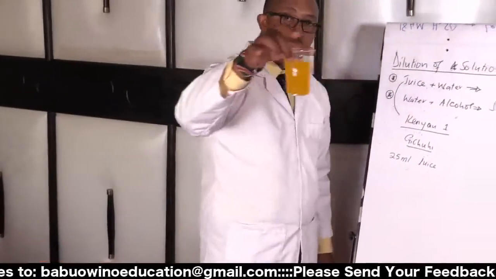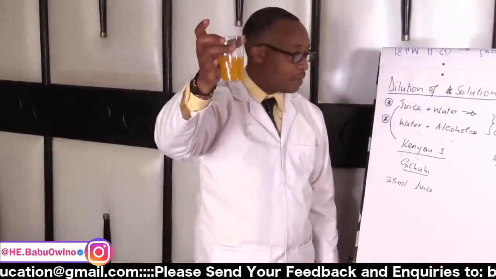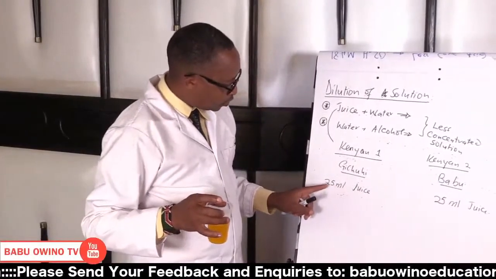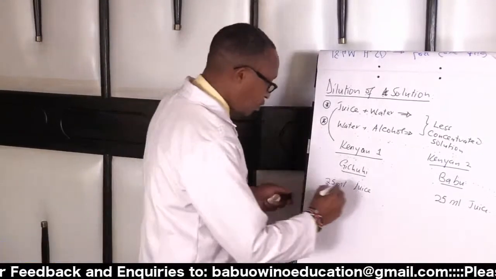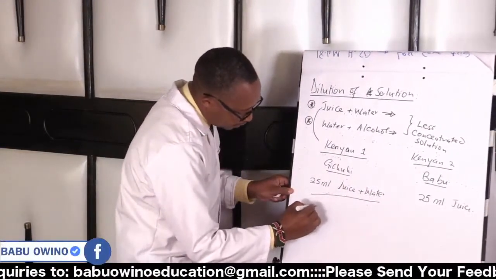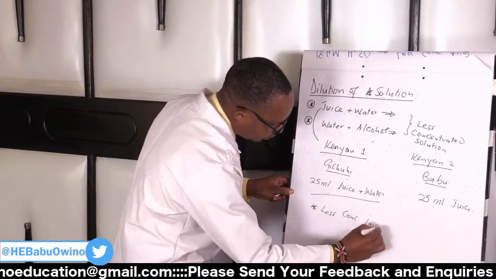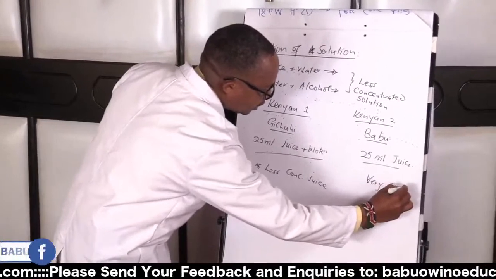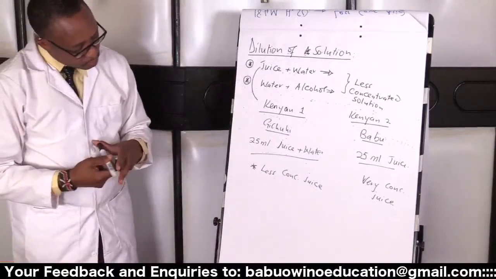Remember, the amount of juice here has not changed. The amount of juice taken by Babu is 25 ml of pure juice, and the amount of juice that I've taken is 25 ml. But in mine, I've added water because it's too hot. So in other words, I have taken a less concentrated juice, while Babu has taken a very concentrated juice. So this is the exercise of diluting.